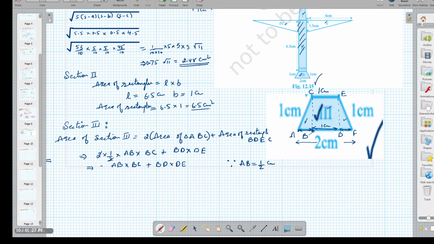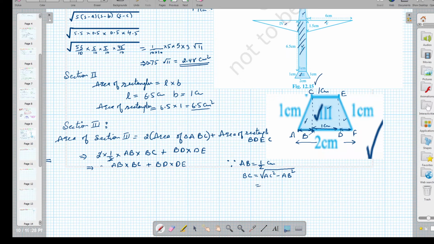Next BC. This BC is also there. Now we do not know the value of this. Because it is a right angle triangle, we can apply the Pythagoras theorem. The value of BC we have to find out, that is AC raised to the power 2 minus AB raised to the power 2, and square root of all these terms.